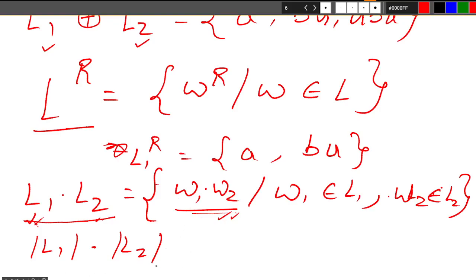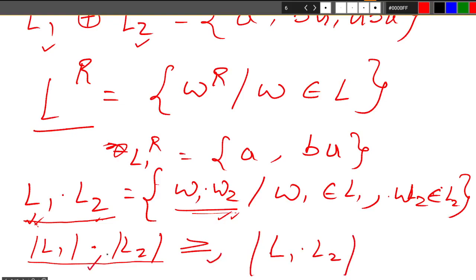Now it is not always true. Many times, the length of L1 L2 is less than or equal to the maximum. Sometimes you will multiply two strings and you will get the same string.